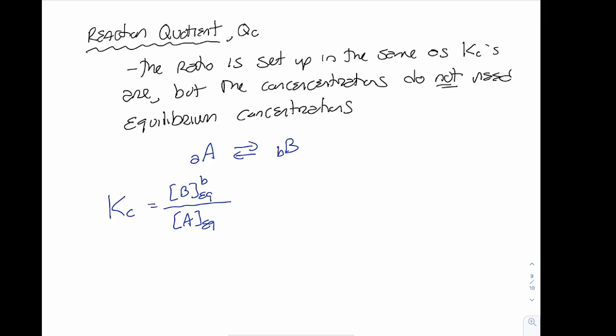Again, it has to be at equilibrium, raised to the A power, because I have A moles. If I set it up without equilibrium concentrations, so I'm leaving the EQ off of this, I end up with my reaction quotient.